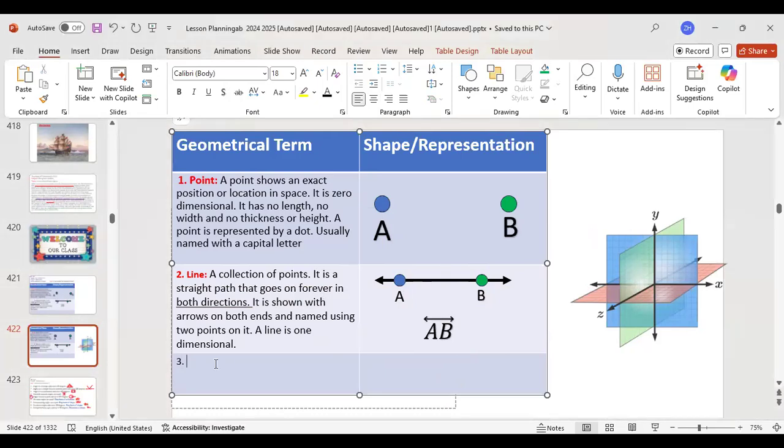Number 3 is a line segment. A line segment is part of a line that has 2 endpoints.